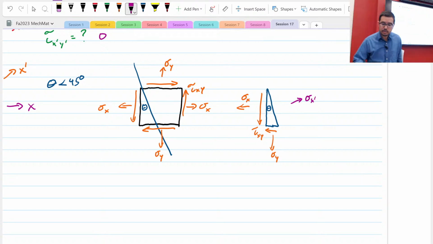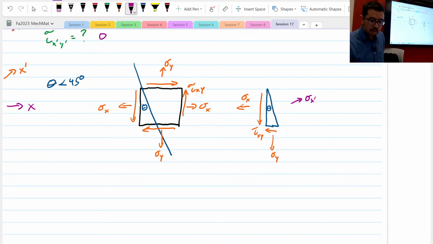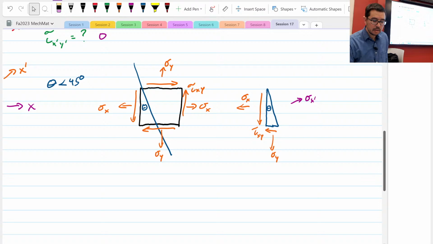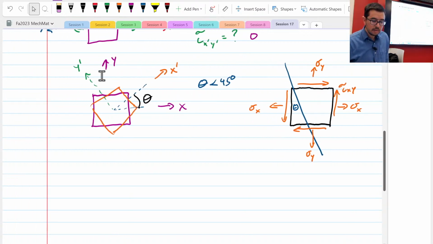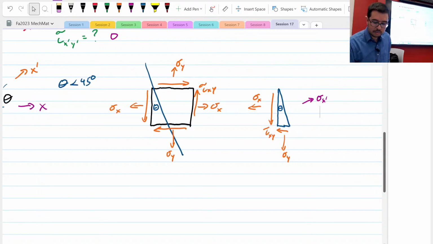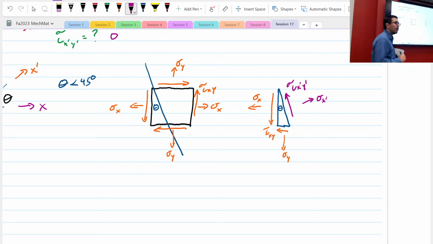And we've got something moving along this face too. Look at it. We've got a tau x prime y prime. That's right. Okay? So now we've got stresses acting on a triangle.